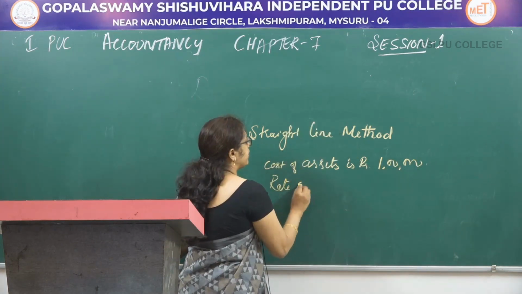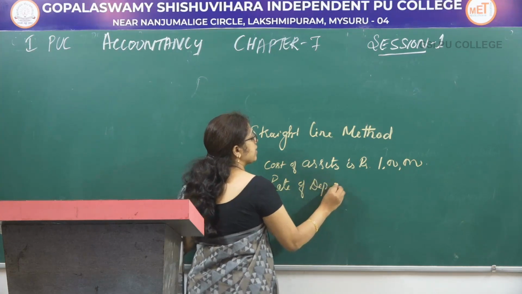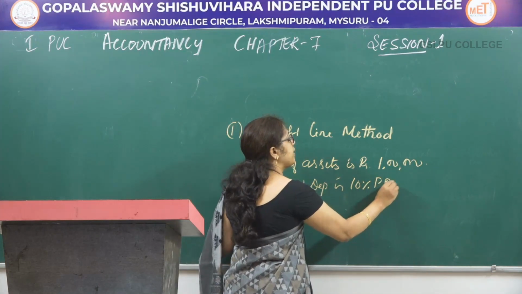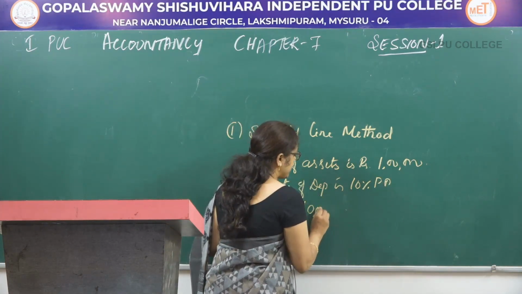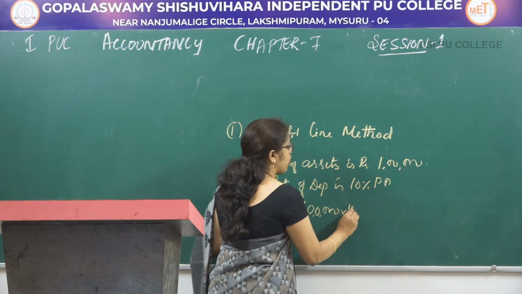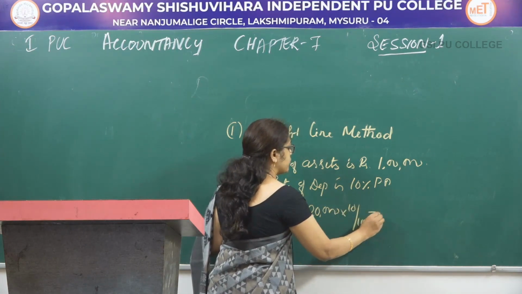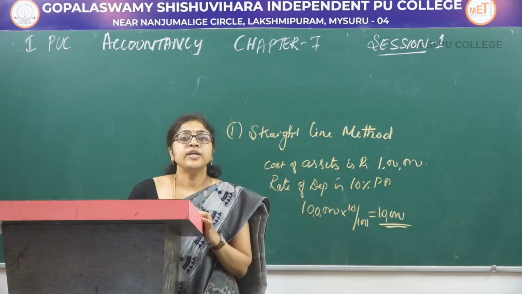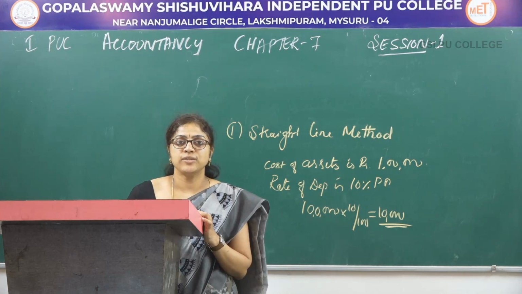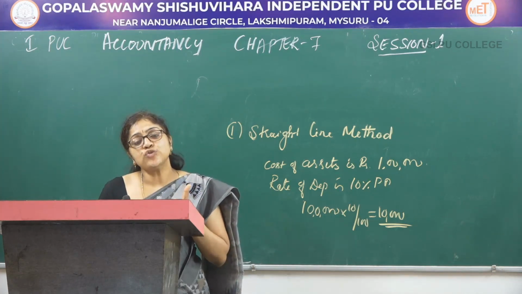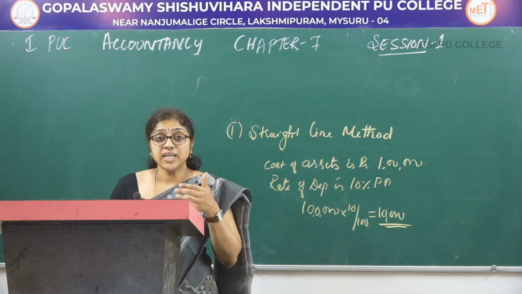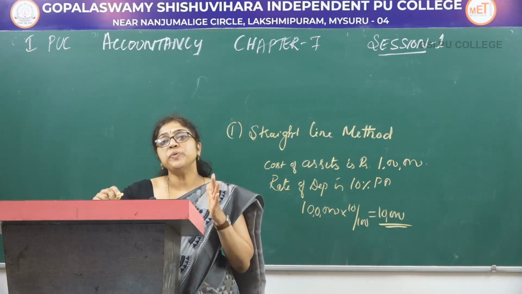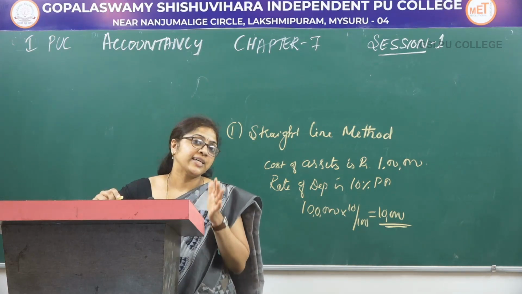Rate of depreciation is 10% per annum. When we calculate the depreciation, 10% on 1 lakh equals 10,000. So every year 10,000 is written off as depreciation. Suppose the assets are used for 6 months in a particular year, then depreciation should be charged only for 6 months on the assets in that year.